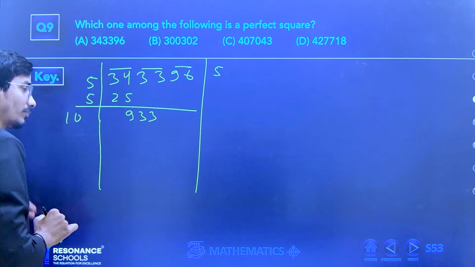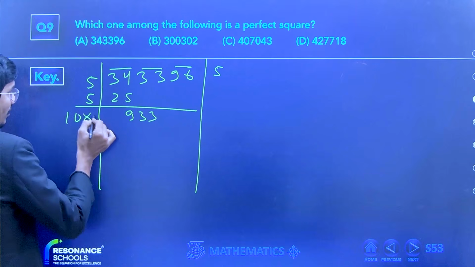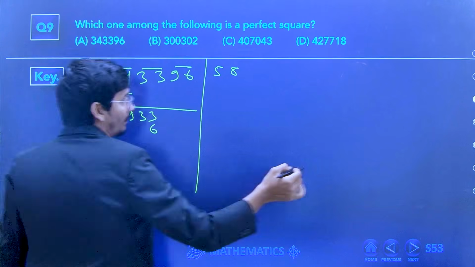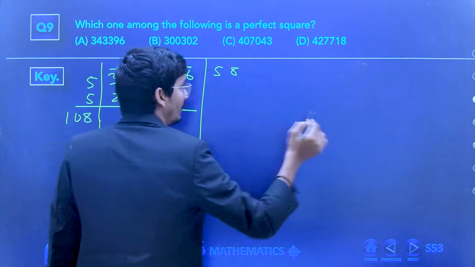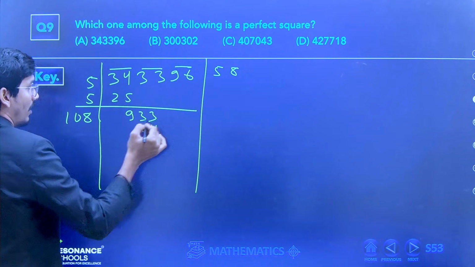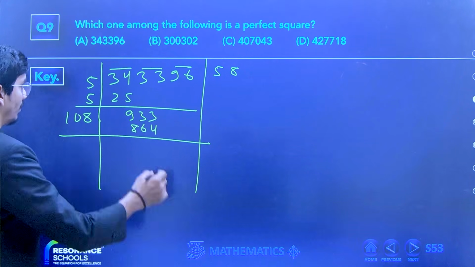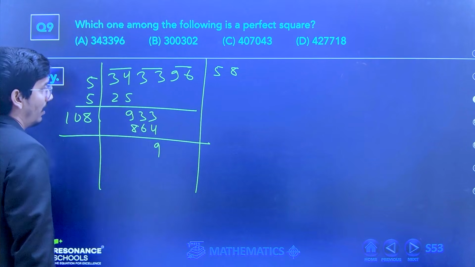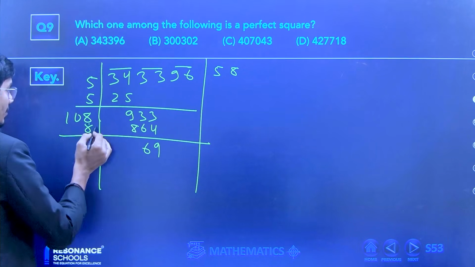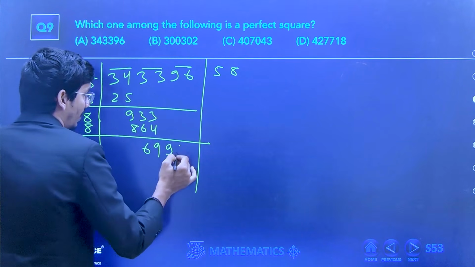Multiplied by 8, 8 eights are 64, so 4 carry. Subtract it, and we will get 9 and this is 12. Now add this 8 quantity here, so 1016. 96 will come again.